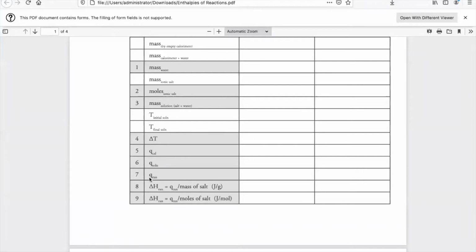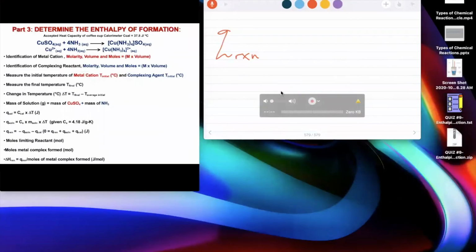Now, line 7, you have to pay attention to line 7. Q for the reaction, pay attention to the subscript. When I say Q for the reaction, how are we going to find the equation for that? It is not mass times specific heat.